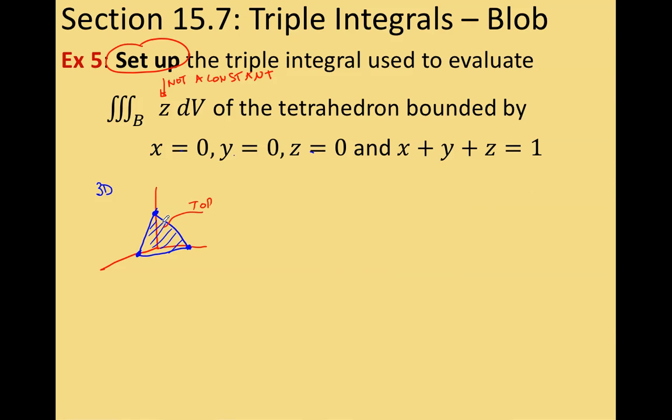Can you see that there's my top? What equation does that come from? The top of that solid tetrahedron. Right? So who's your bottom?